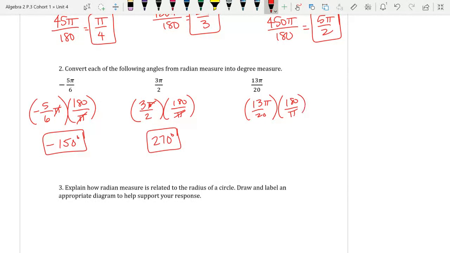It's just a conversion, that's all we're doing. We're canceling out the pi's, and then see whatever that comes out to be. I need my calculator for that one. So if I do 13 over 20 and multiply that by 180, I get 117 degrees.